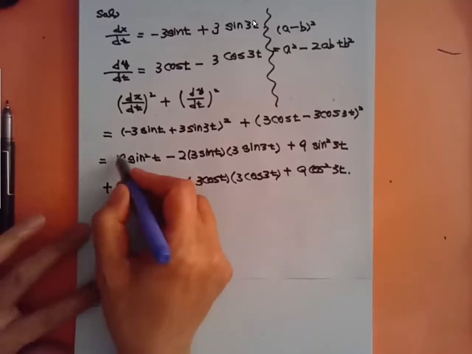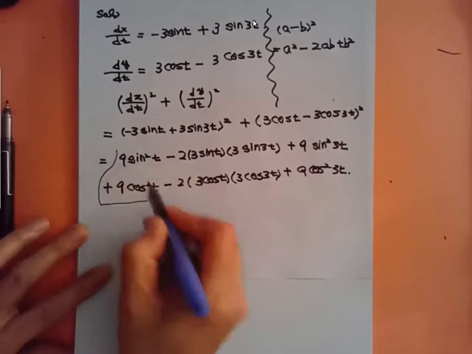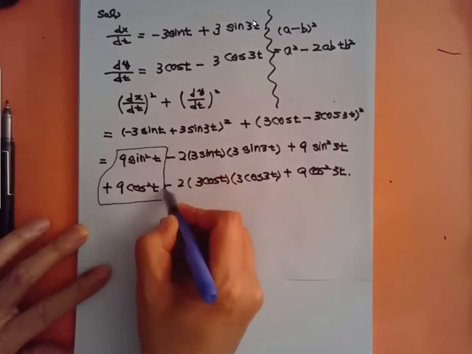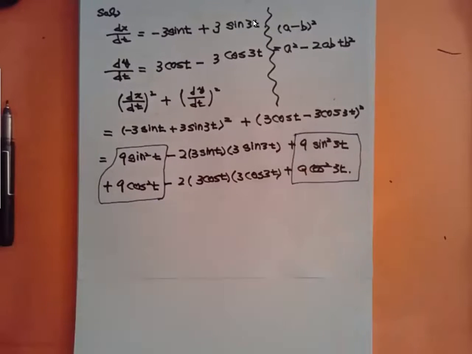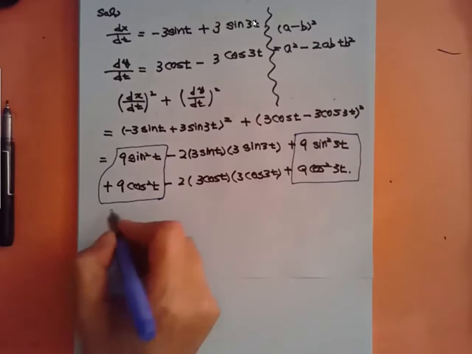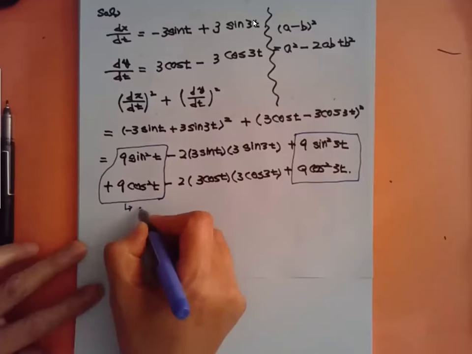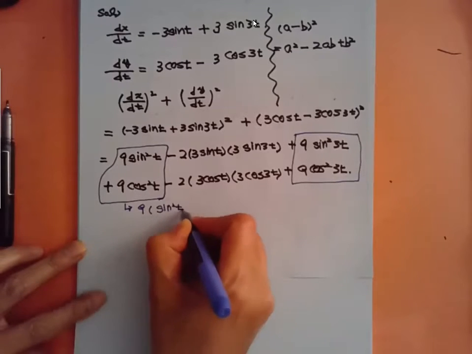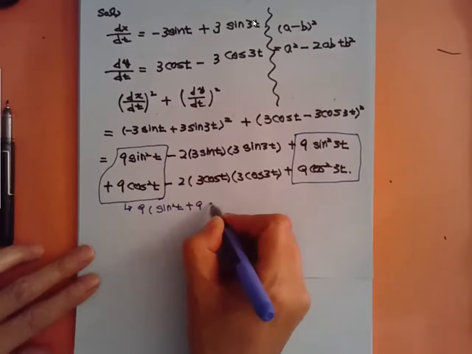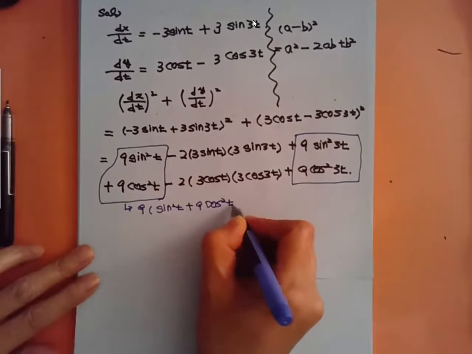So we want to apply the Pythagorean formula to simplify further. We'll combine these two. From here, we get 9 sine squared of t plus 9 cosine squared of t.